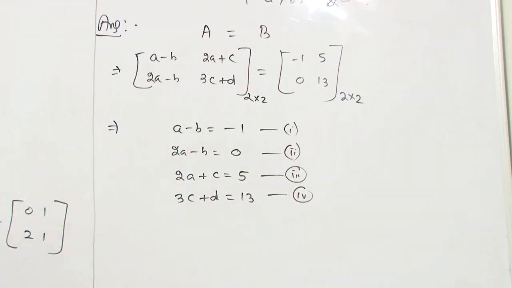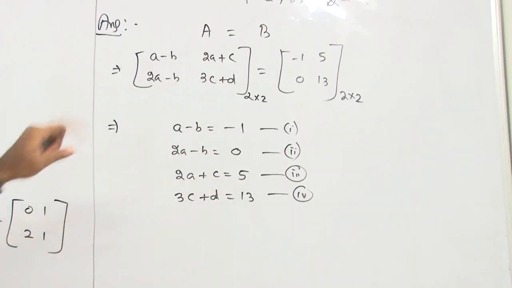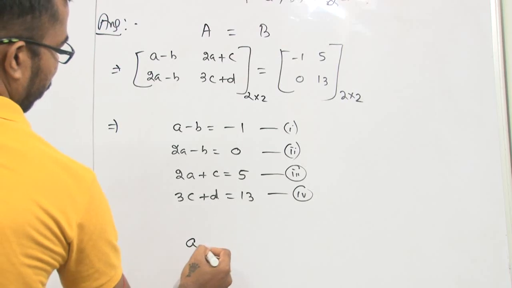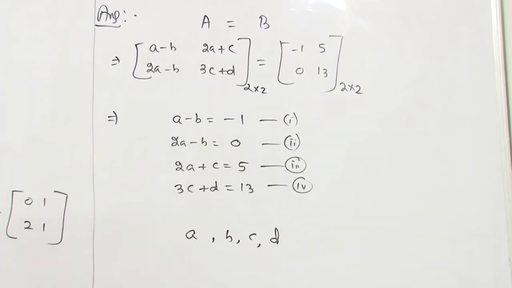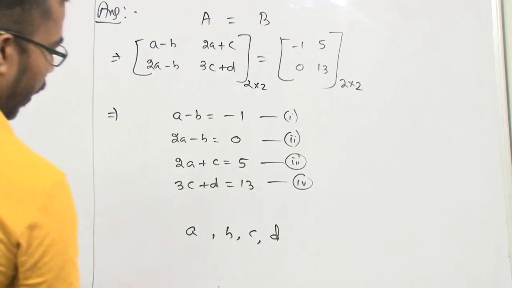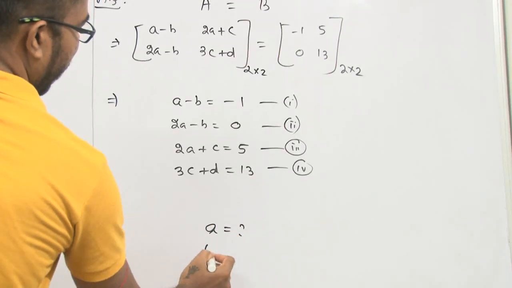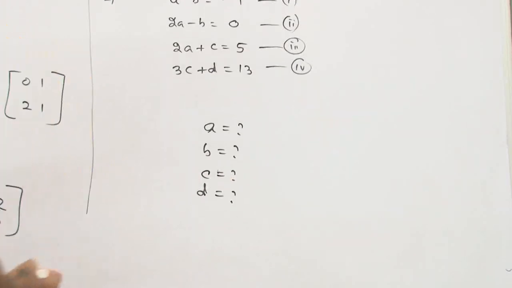If we solve the 4 equations, then we get the values of A, B and C. So it is your task to find the values of A, B, C, and here are some hints.